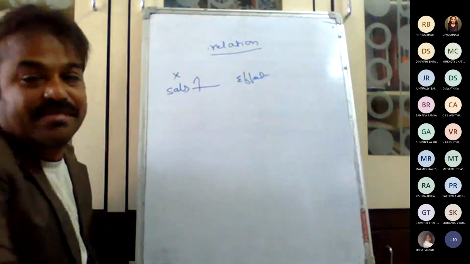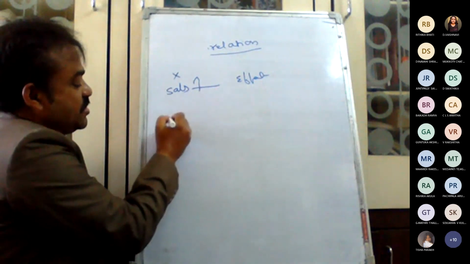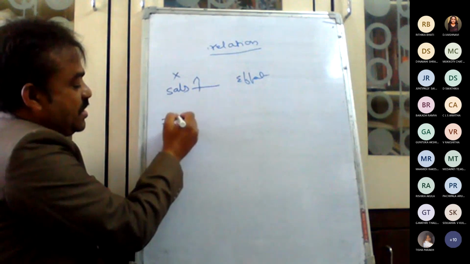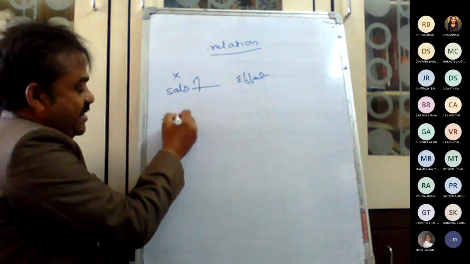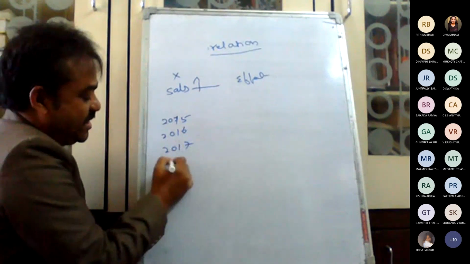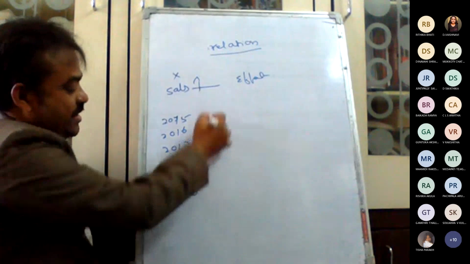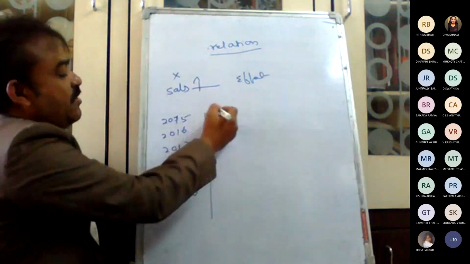In a particular business organization, their sales are, for example, in 2015, 2016, 2017, 2018, 2019, 2020. What are the sales?